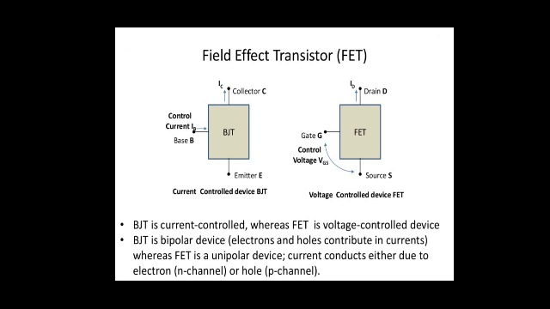The collector current depends upon the base current, that is IC equals beta IB.